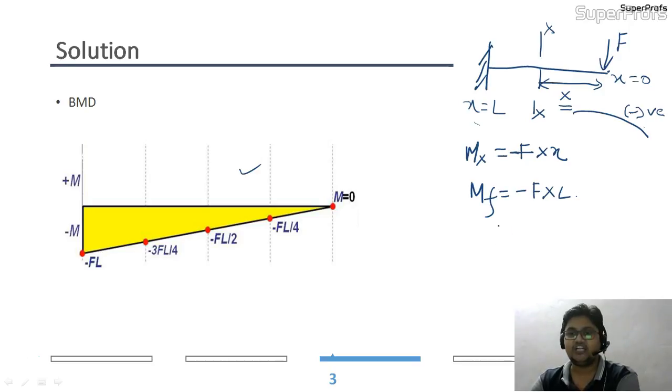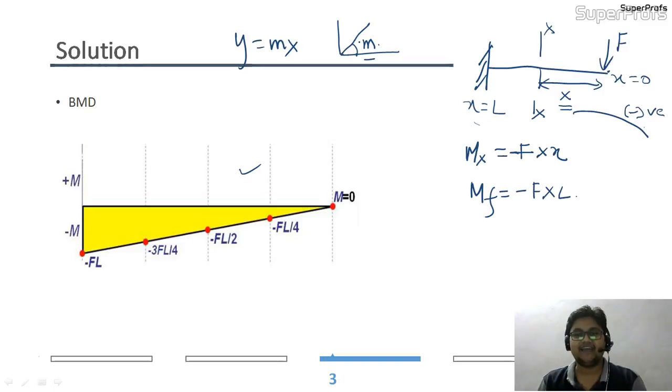Now we are in a position to draw the bending moment diagram. So come to the mathematics part. Whenever you have a line y equals mx, that is a straight line passing through the origin and making a slope of m units from the positive x-axis.